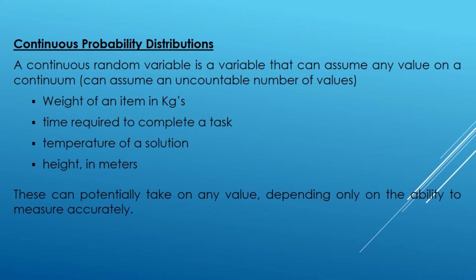This is what we are now doing, the continuous random variable. So we need to understand what really is a continuous random variable. A continuous random variable is a variable that can assume any value on a continuum. That is to say, we can assume that there is an uncountable number of values.